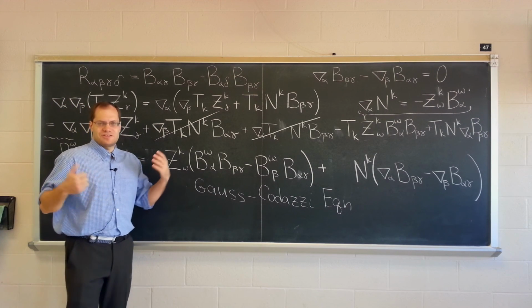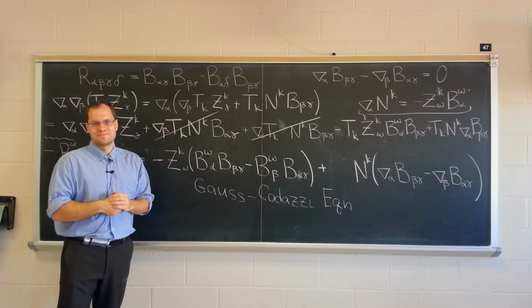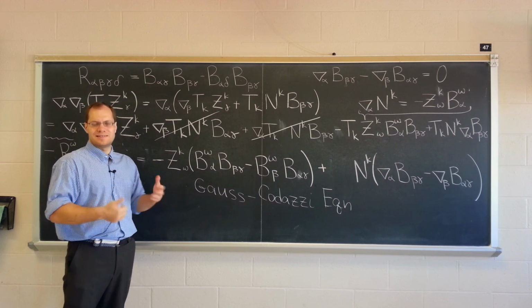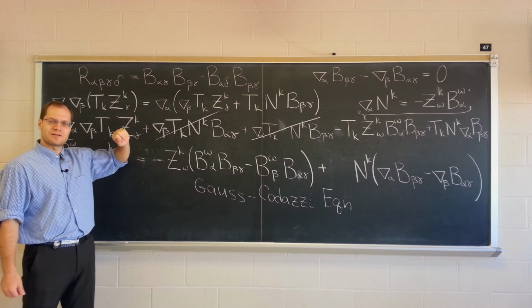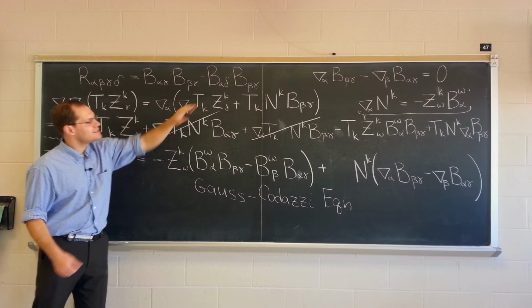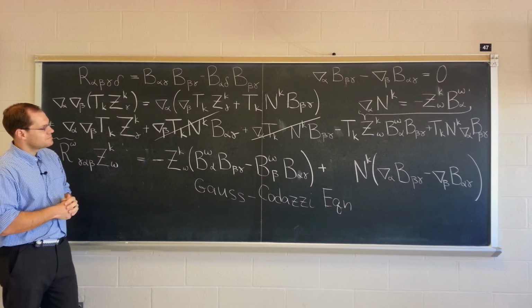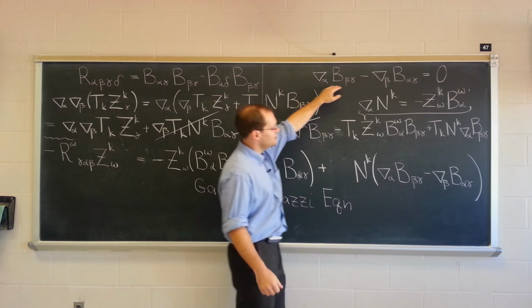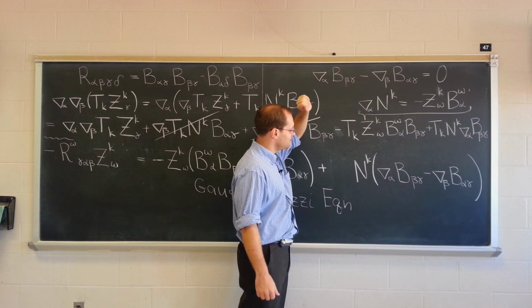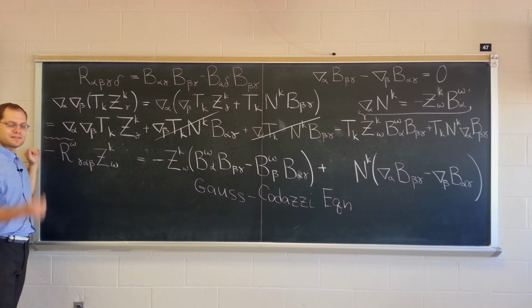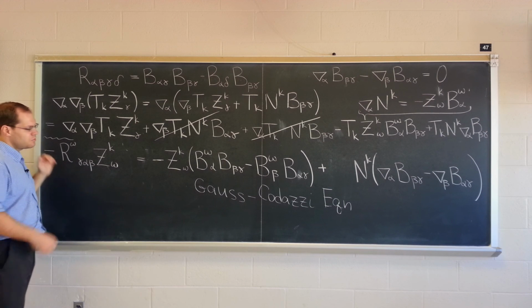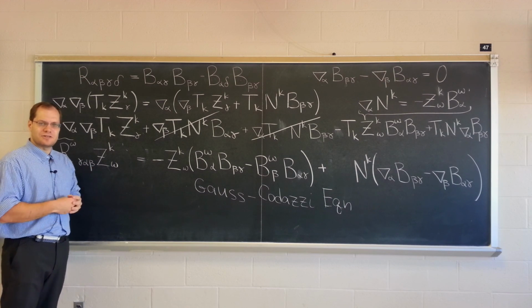Now, I will just say it, because saying it is easier than actually doing it in this case. So from this more general equation, if you want to extract these two equations, let's start with the Codazzi relations. What you have to do is take this identity and multiply both things by n sub k, which implies contraction on k.